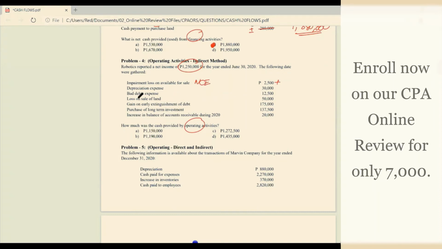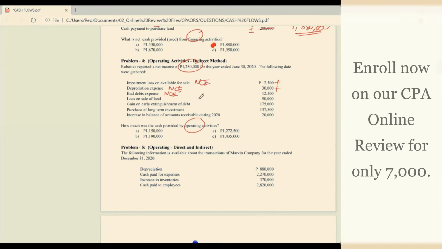Di ba? Ang mga non-cash expenses, kailangan i-add back mo kasi understated ang income natin. Okay? Next, depreciation expense. Ito si depreciation, non-cash expenses rin to. Bakit? Wala ka namang nilabas na cash kung nag-record ka ng depreciation expense, di ba? So, i-add back mo ulit siya. Okay? Next, bad debt expense. Ito, non-cash expenses rin. So, ito na pala yung mga example ng non-cash expenses para makita nyo rin.